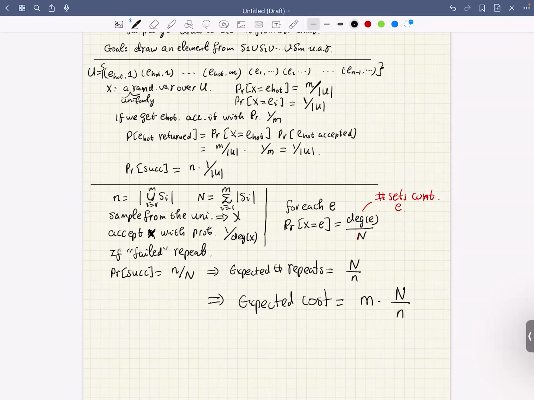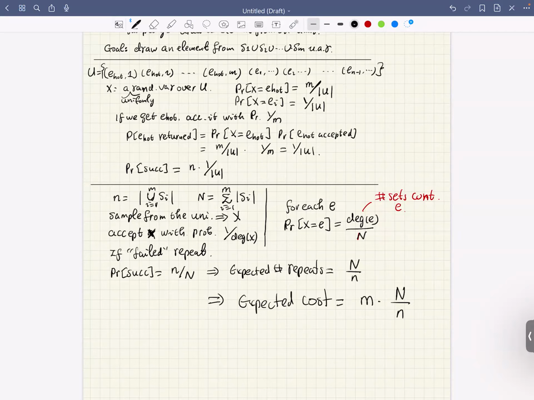So say I give you a particular element E, how would you implement this acceptance step? What we did before was to obtain the degree of E. After that is done, you can easily implement this acceptance step.